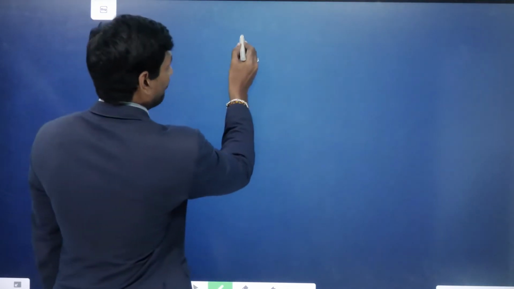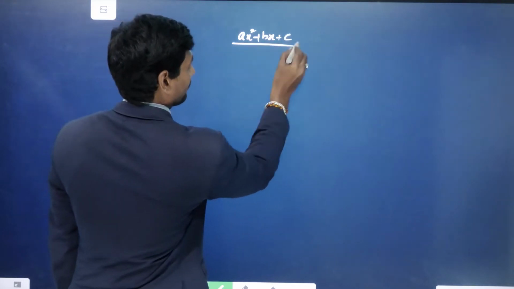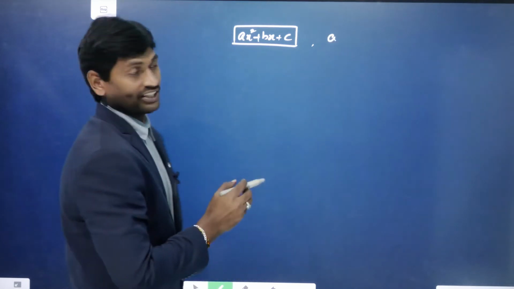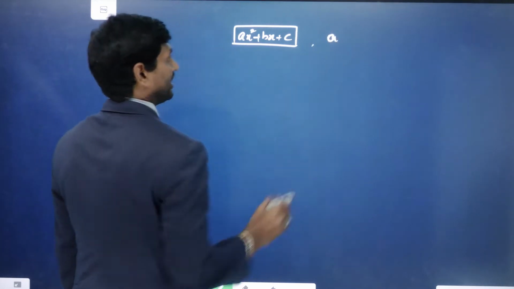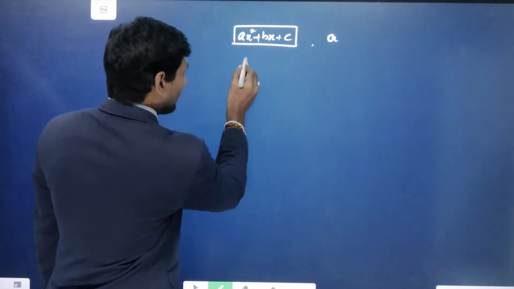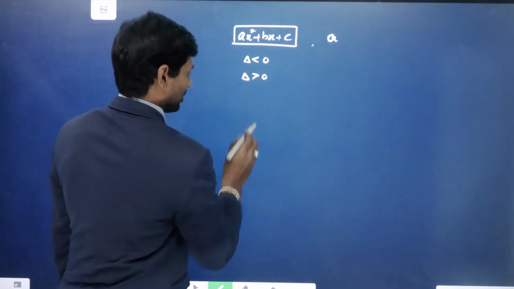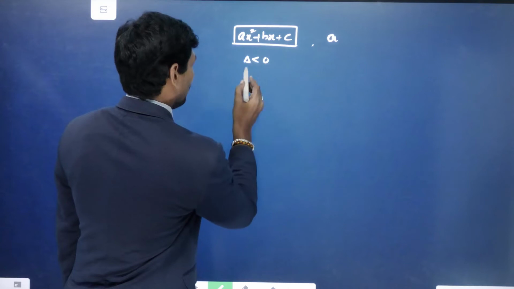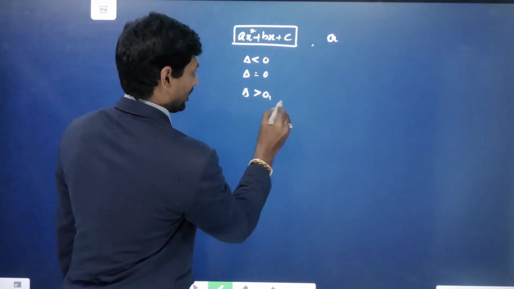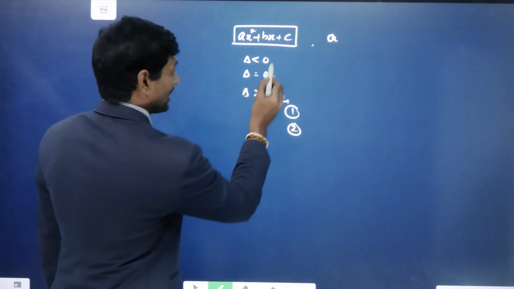If we have a quadratic expression ax square plus bx plus c, and the coefficient of x square, nothing but a, we discussed these signs: if delta value is less than 0, delta value equals 0, and delta value is greater than 0. Again here 2 cases, 1 and 2.